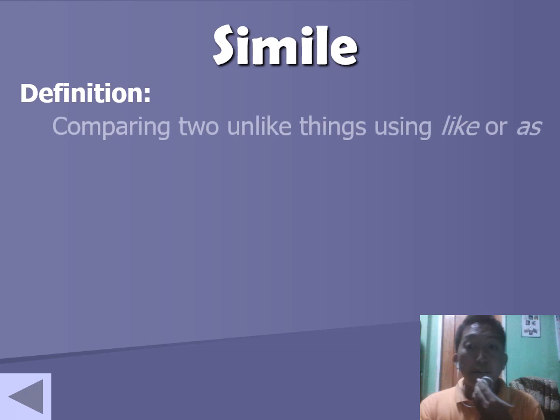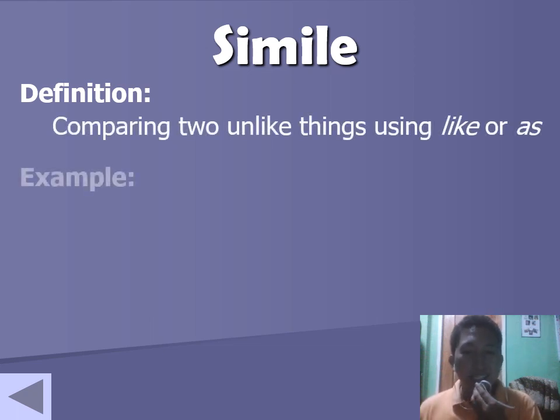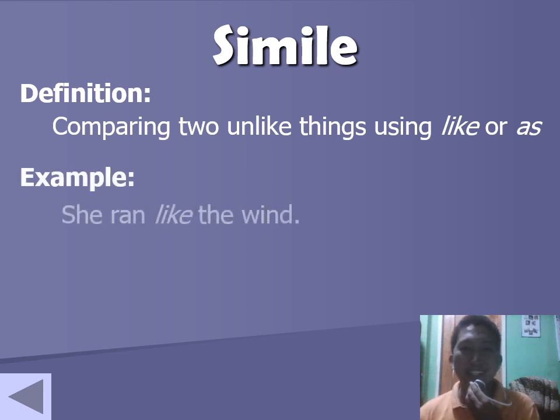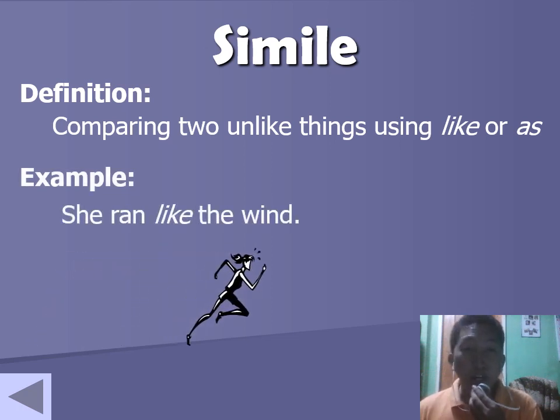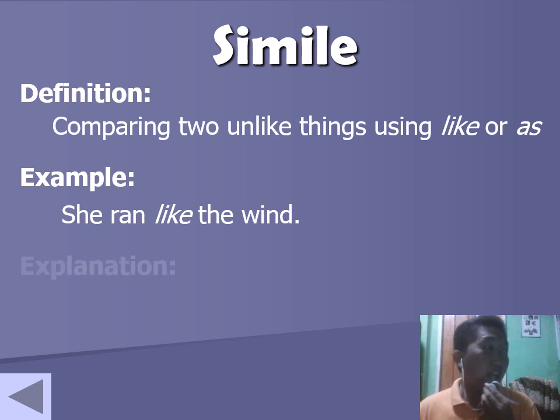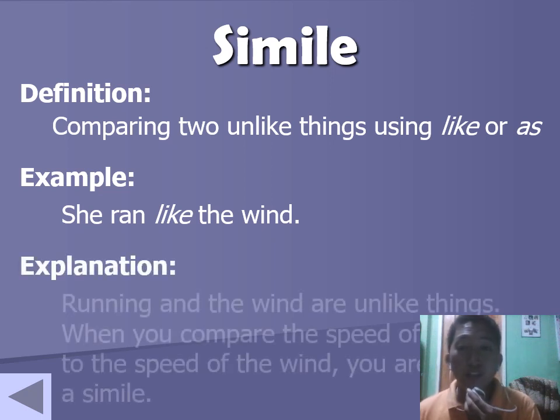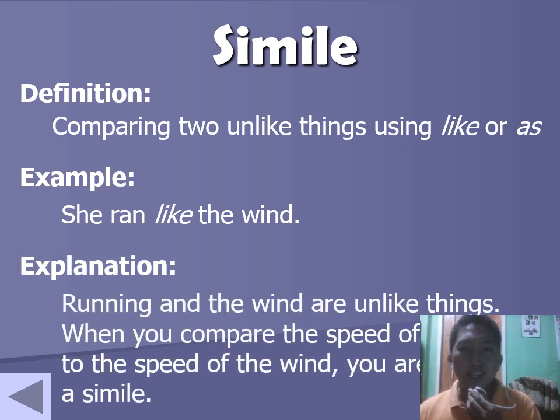So, the first figure of speech is simile. Yes, it is comparing two unlike things with the use of like or as. The hint word there is like or as.